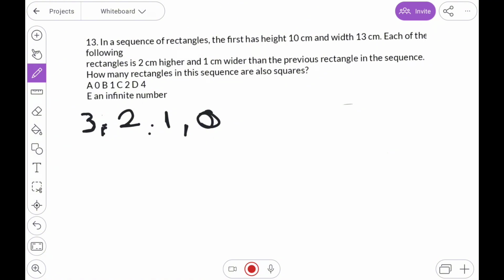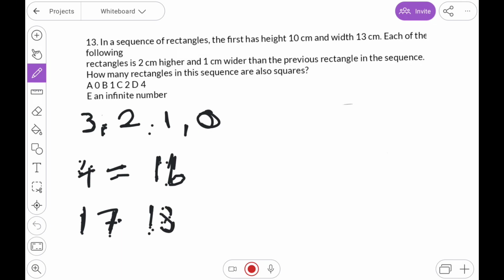In the fourth pattern we have a square of 16 by 16. Then, when the height increases by 2, that becomes 17 and 18. So, if we continue on like this, it will never ever be the same again, which means that it's only going to be a square one time.